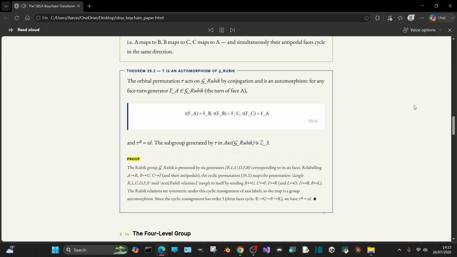Proof. The Rubik group G_Rubik is presented by 6 generators R, L, U, D, F, B corresponding to its 6 faces.